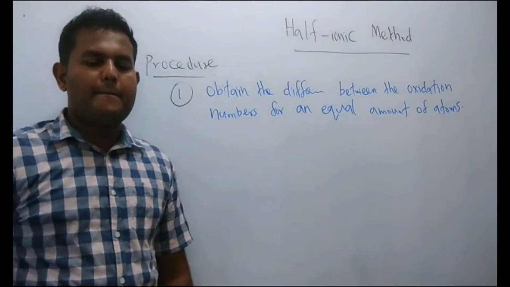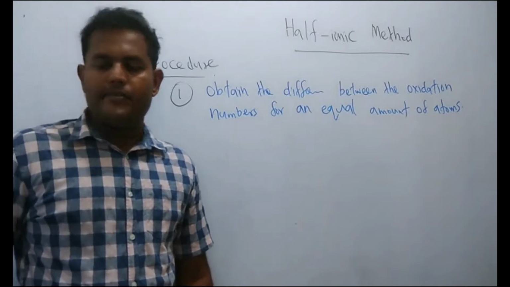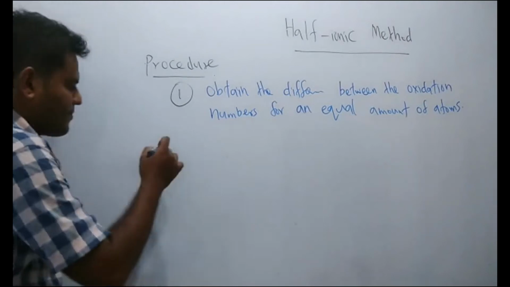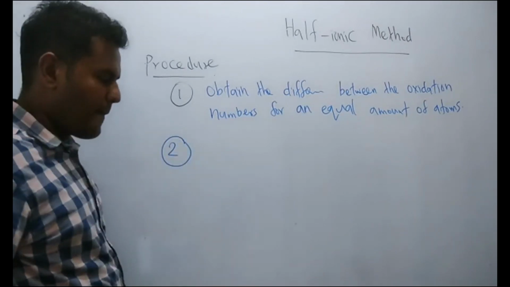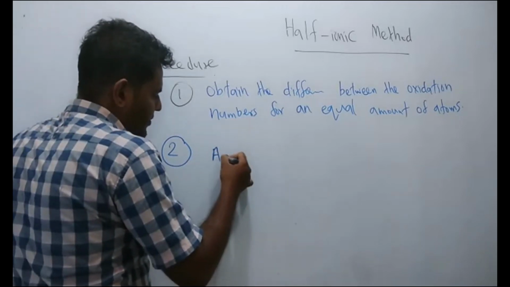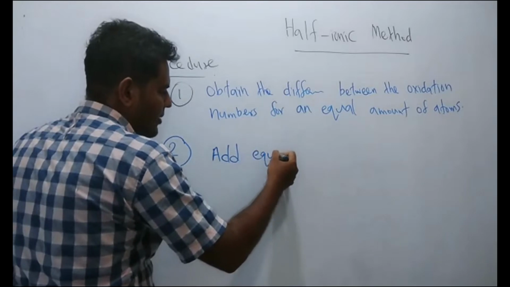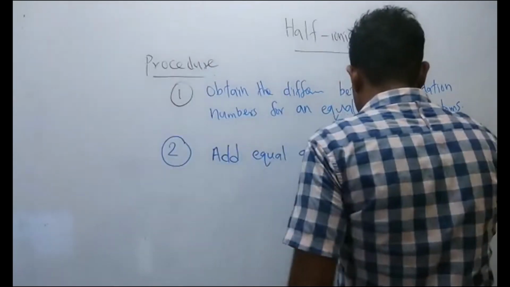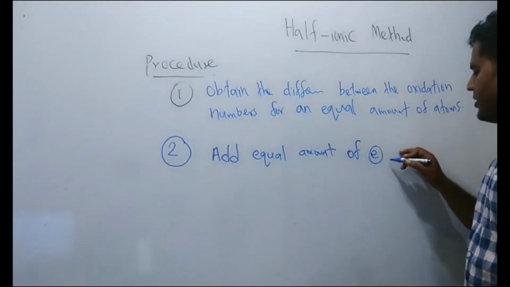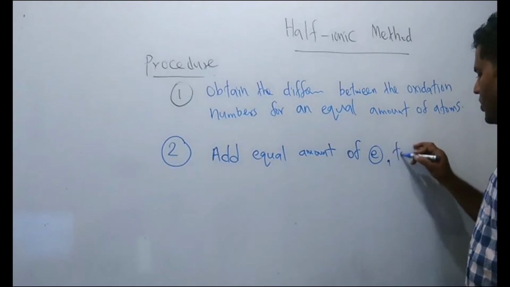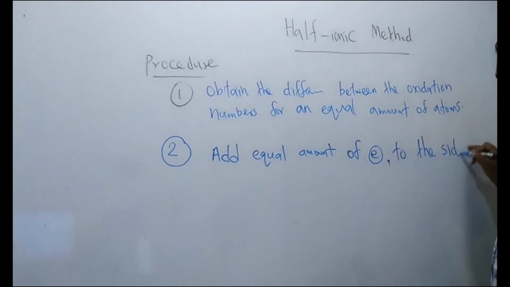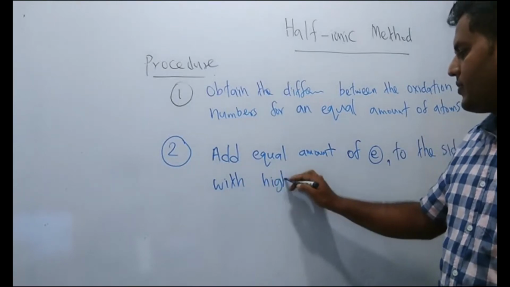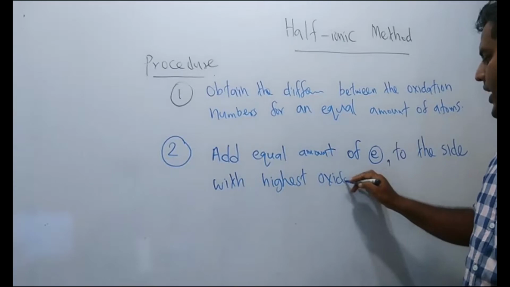Number two: add an equal amount of electrons to the side with the highest oxidation number.